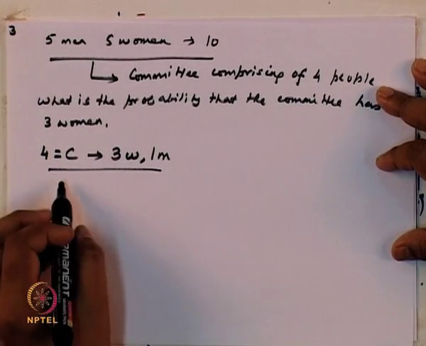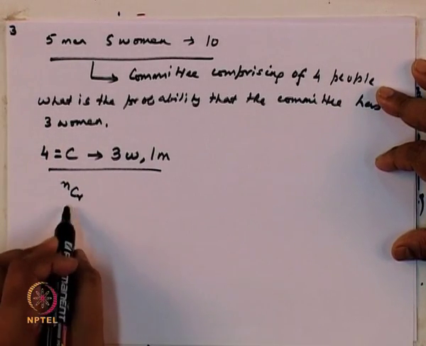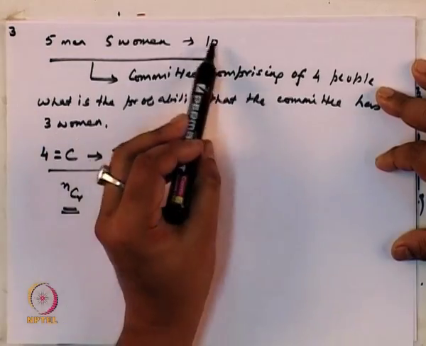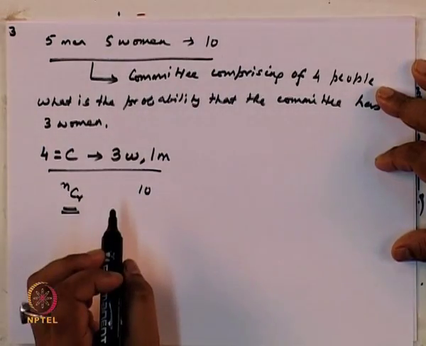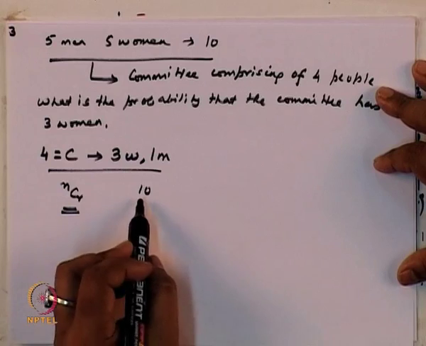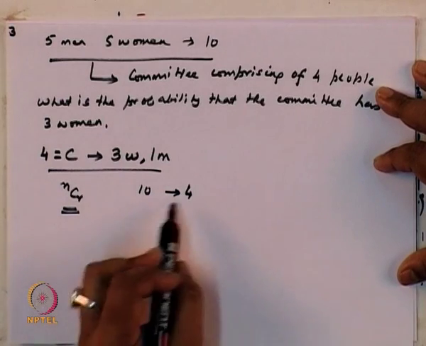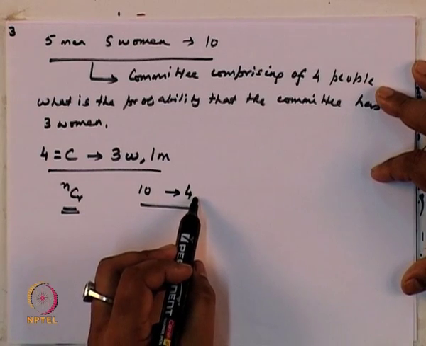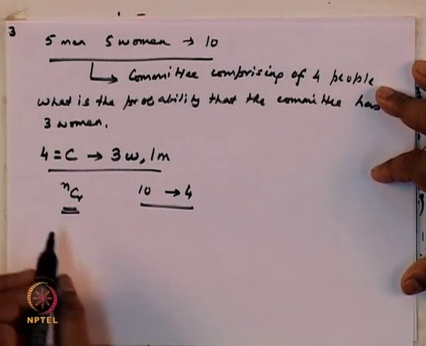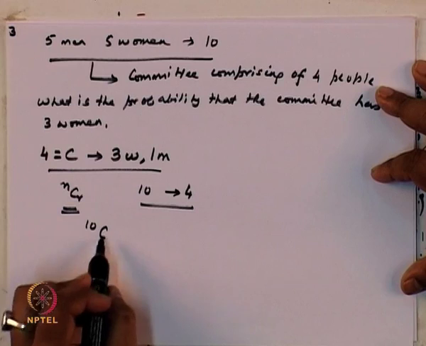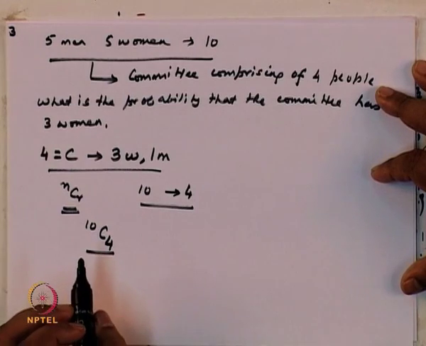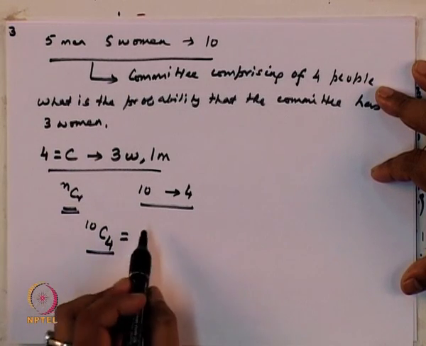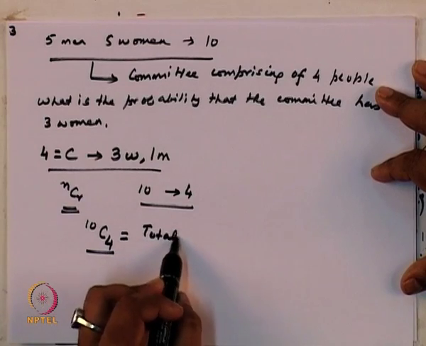So, you need to use the expression nCr. From a total of 10 people, you want to draw 4 people. In how many different ways can you draw 4 people from a group of 10 people? The answer to that is 10C4. This is the total number of possibilities.